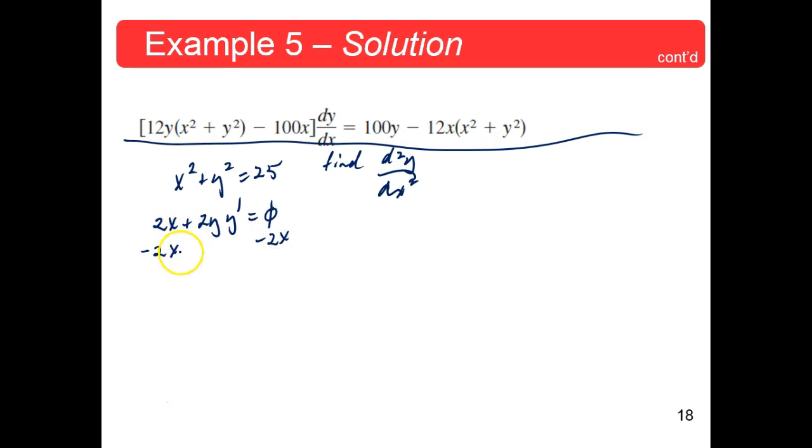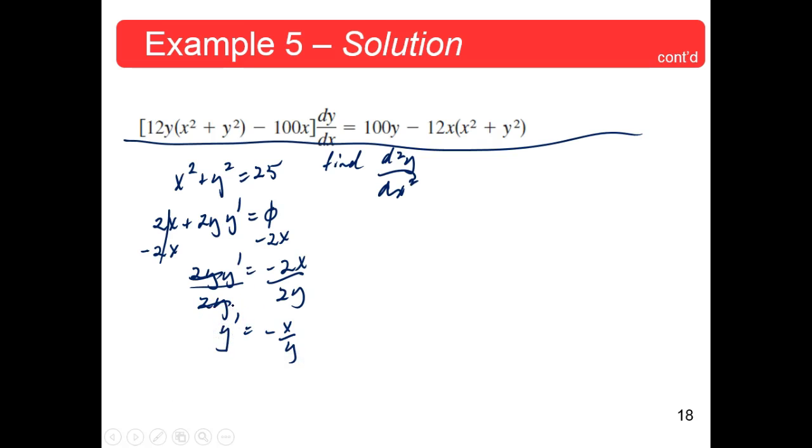That gives you 2y y prime equals negative 2x. And then you're going to divide by 2y to get y prime equals negative x over y. Okay, good deal.